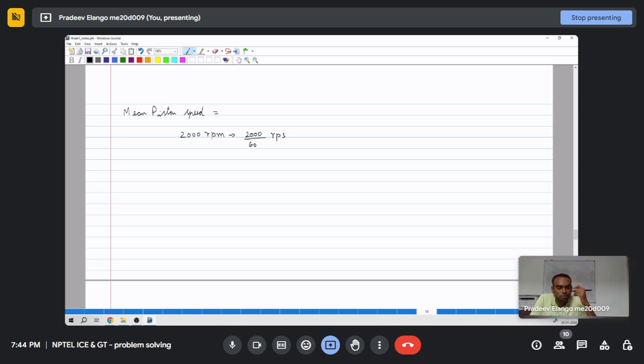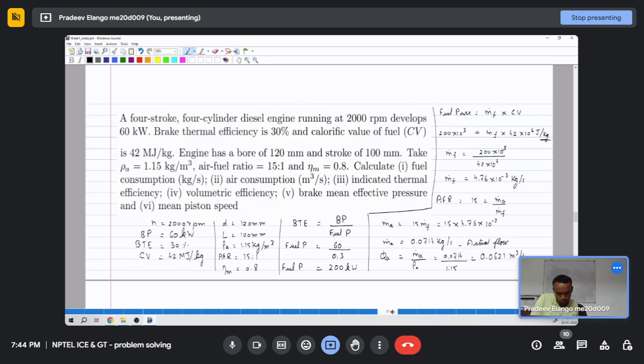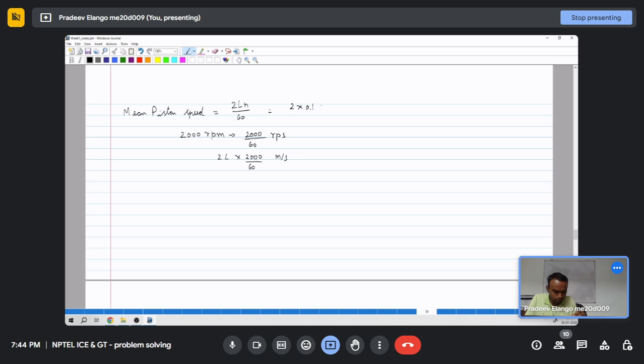2 strokes, 2L. 2L, yeah? So 2L into 2000 by 60 meter per second. So mean piston speed is 2Ln by 60. That is 2 into stroke length, sorry, 0.1 meters, into speed, 2000 by 60.